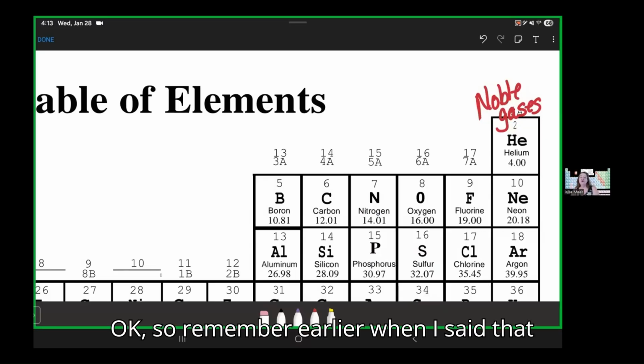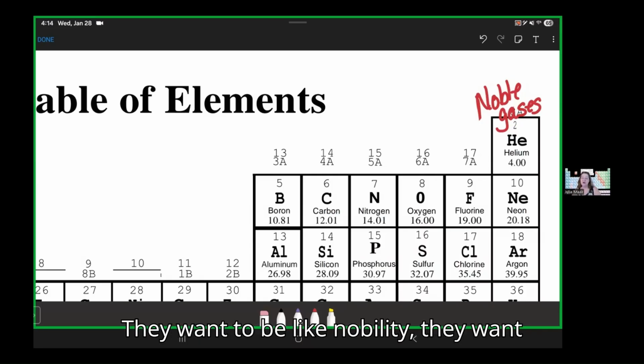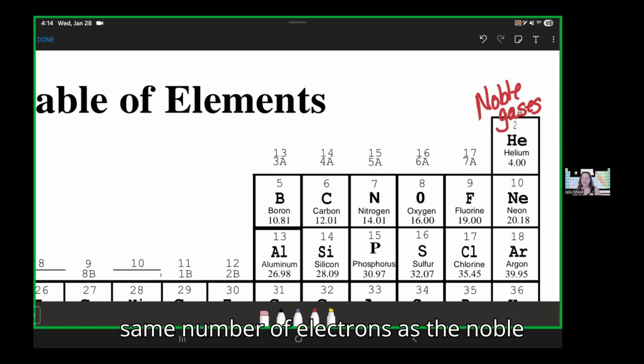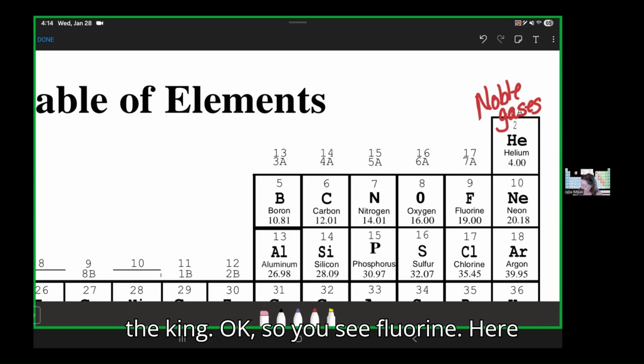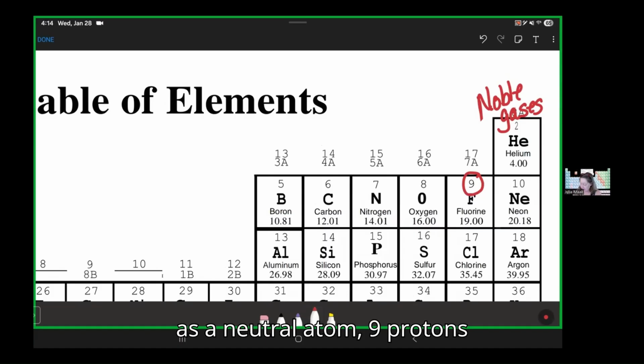Okay, so remember earlier when I said that everybody wants to be like a noble gas, they want to be like nobility, they want to be the king. They want to have the same number of electrons as a noble gas because then they can masquerade as the king. Okay, so you see fluorine here has 9 protons and 9 electrons as a neutral atom.